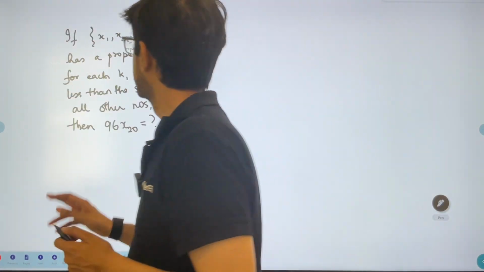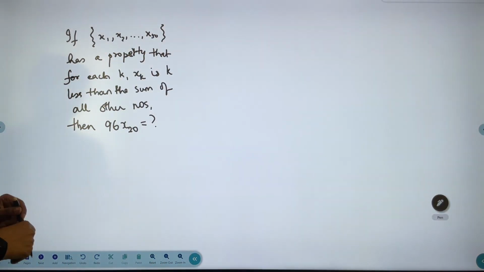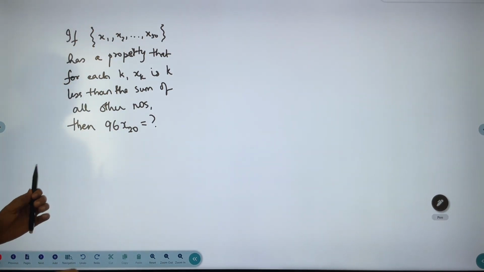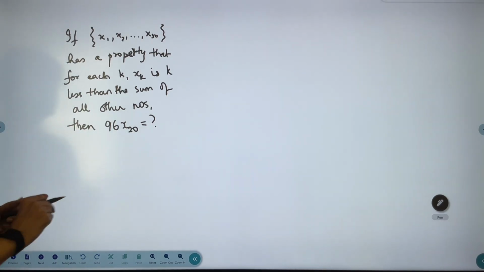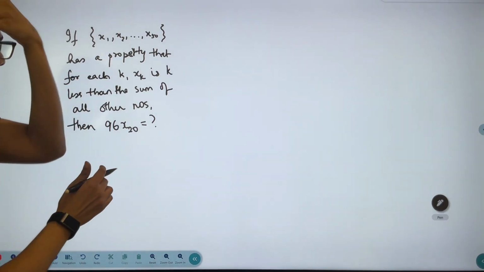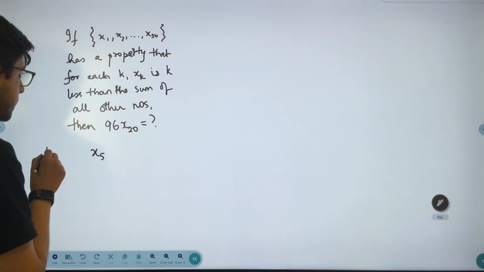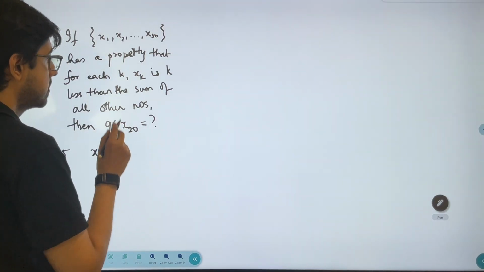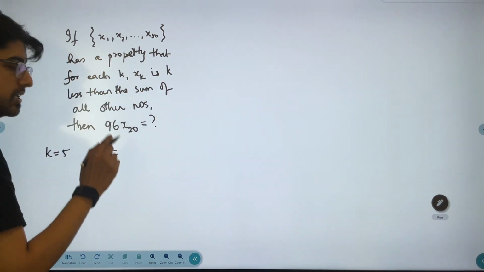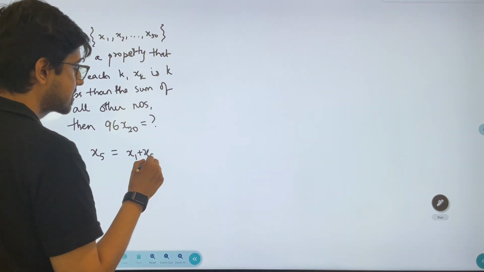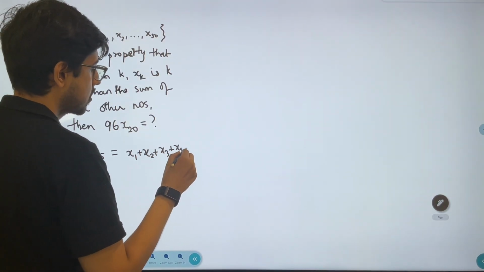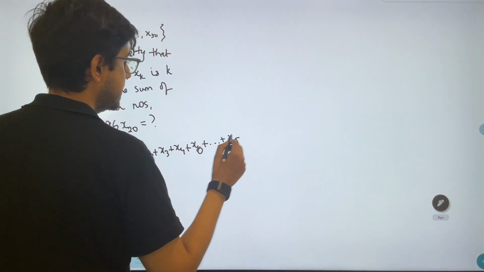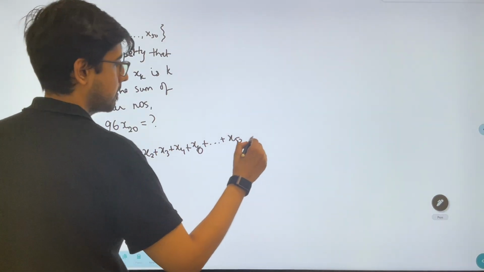I hope you loved that. Oh, there's one more question. Now it's given that x1, x2, x3, and so on up to x50 have a property that for each k, let's say k equal to 5, x5 is less than the sum of the other numbers, x1 plus x2 plus x3 plus x4 plus x6 and so on up to x50, apart from x5, minus 5.